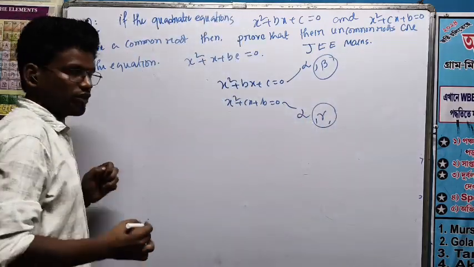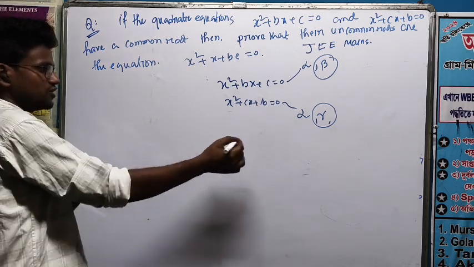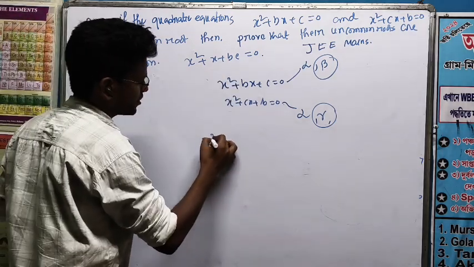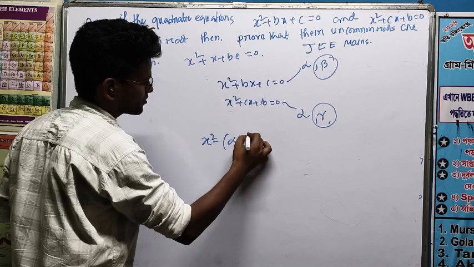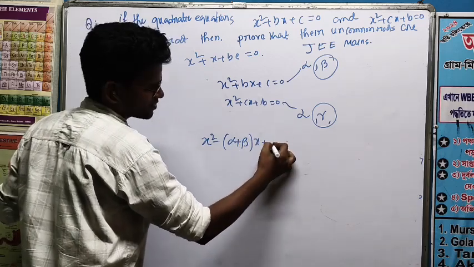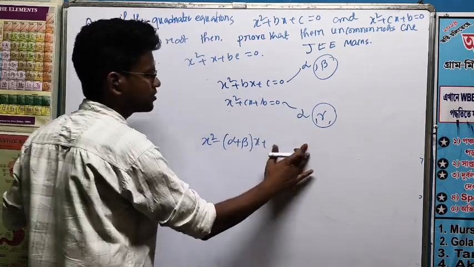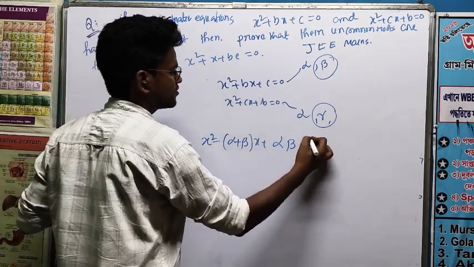When we know the roots of that equation, then how to determine it? So this is x square plus (alpha plus beta) times x plus bc equals 0, and alpha plus beta equals 0.